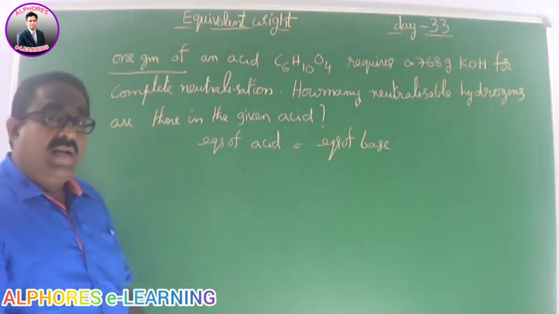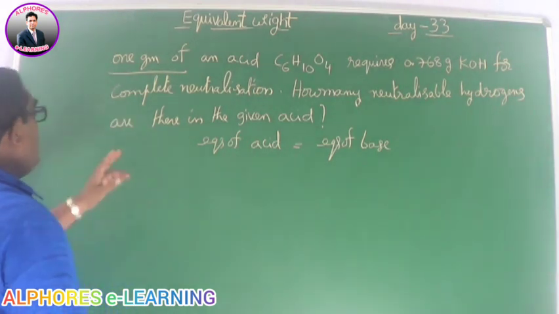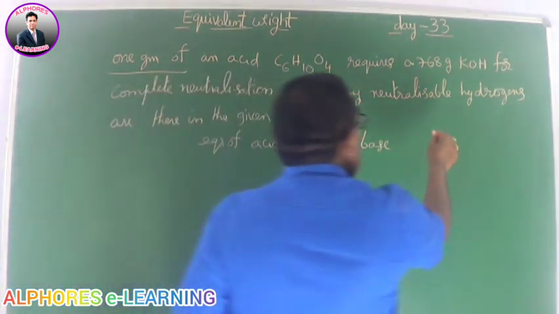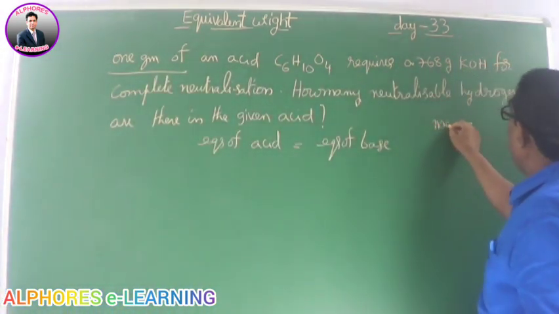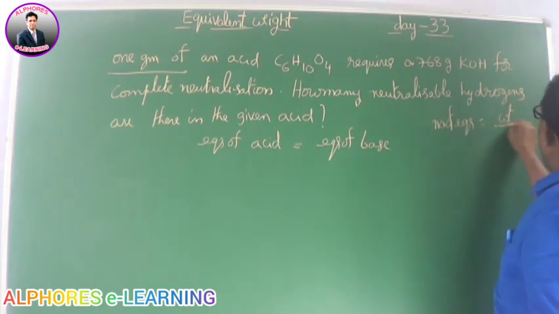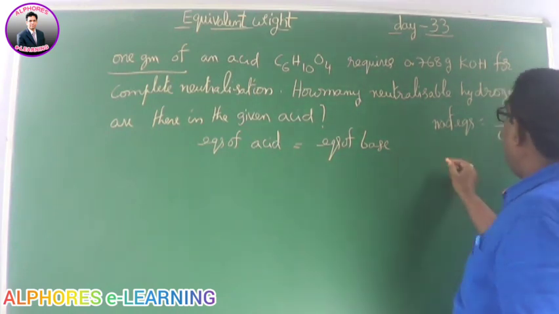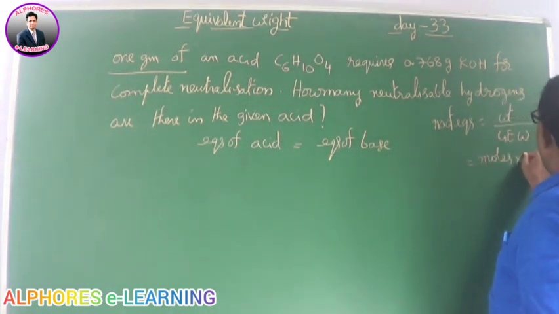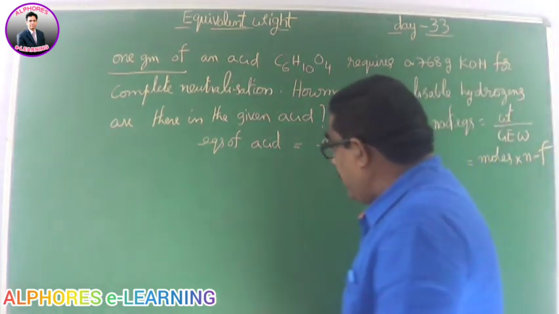How are we going to get equivalence? As of now we have two approaches. I am writing the approaches' formula here. Number of equivalents is equal to weight by gram equivalent weight. Another approach is number of equivalents is equal to moles into n factor.